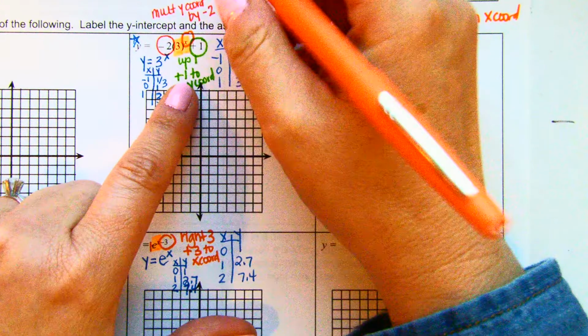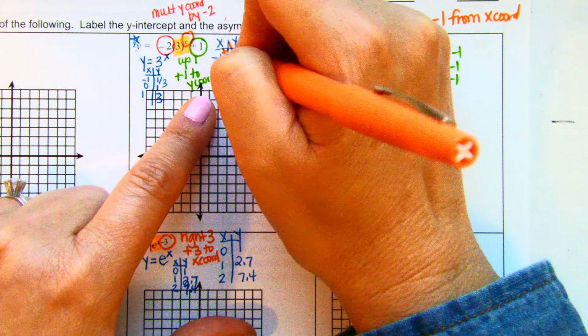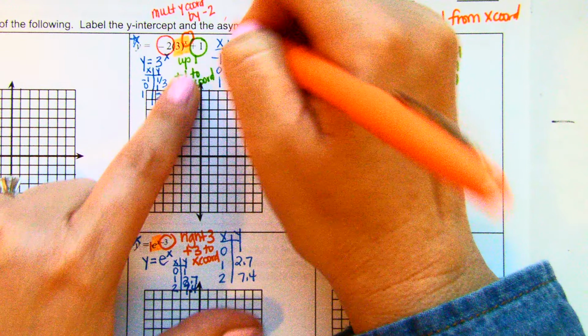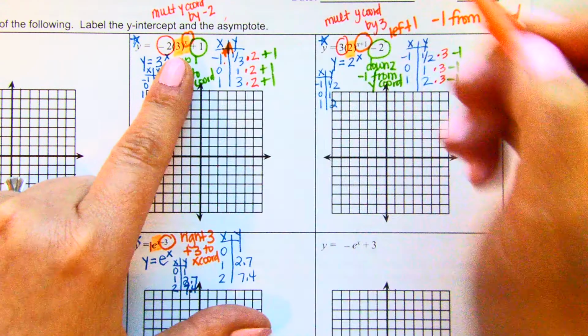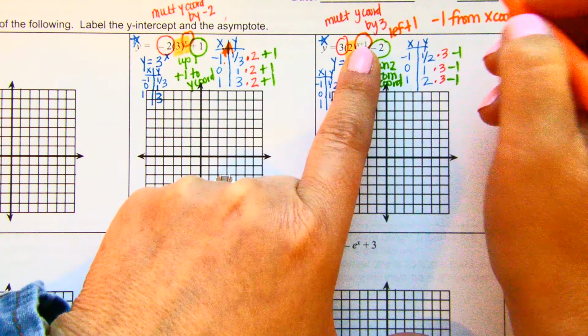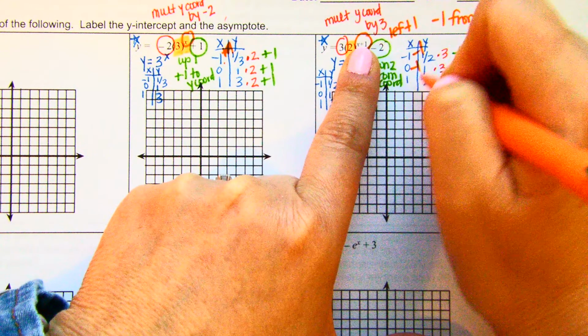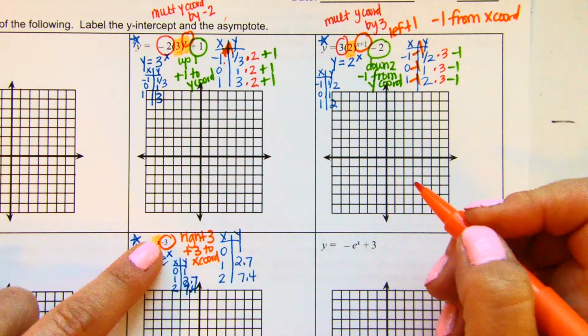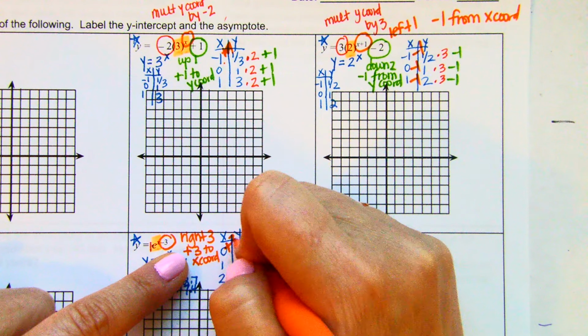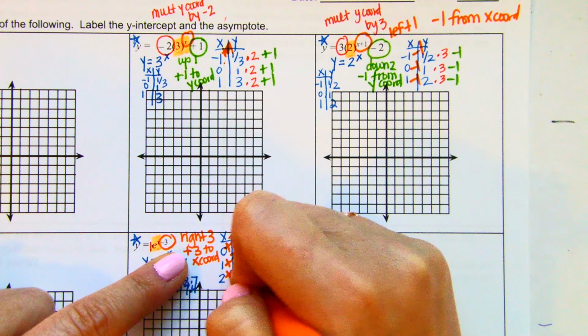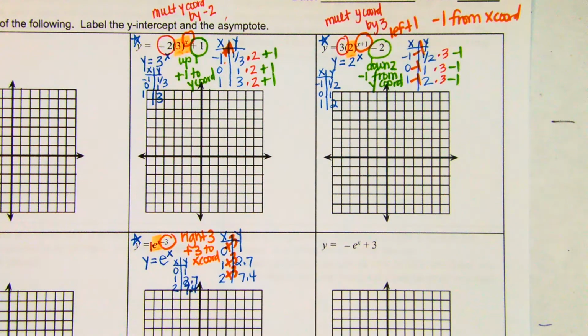So in this case, I'm going to add 1. Oh, whoops, sorry. I don't do anything on that one. Never mind. Here, I'm going to -1. So -1, -1, -1. And this one, you add 3. So +3, +3, +3. Okay.